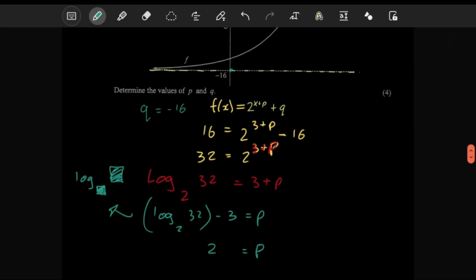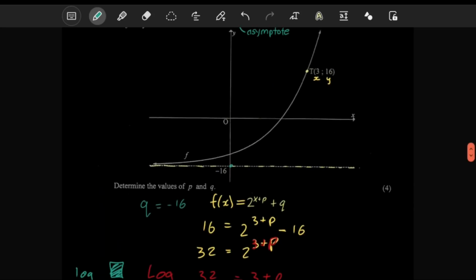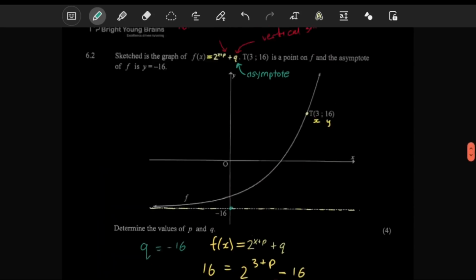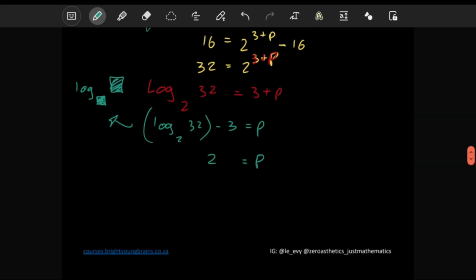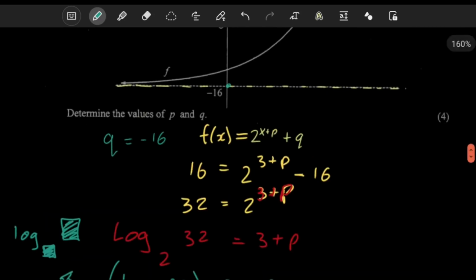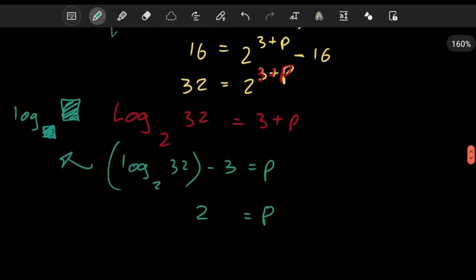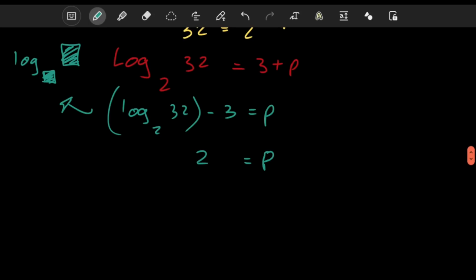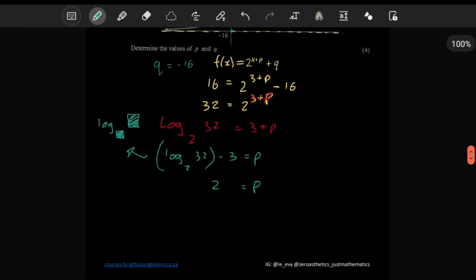Obviously, you may be thinking to yourself, is it just a 2? Do we not have to make it a -2 because of the left-right shift stuff? Don't overthink it. You worked out this thing here to be a +2. So you just leave this as a +2. Nothing crazy, nothing major.